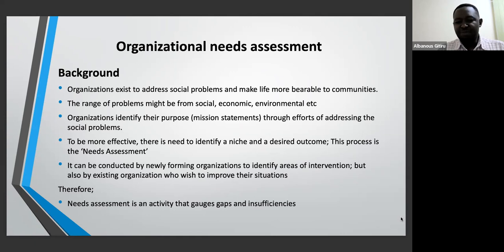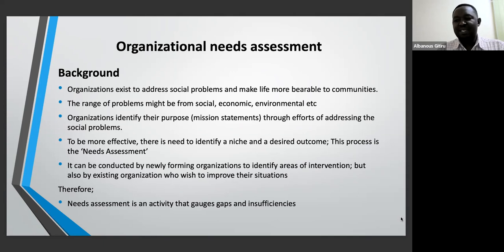So needs assessment can be conducted for newly forming organizations when you want to identify your specific area of operation. It can also be done for existing organizations that are already running programs, but they would want to improve on a situation. They would want probably to expand their programs.